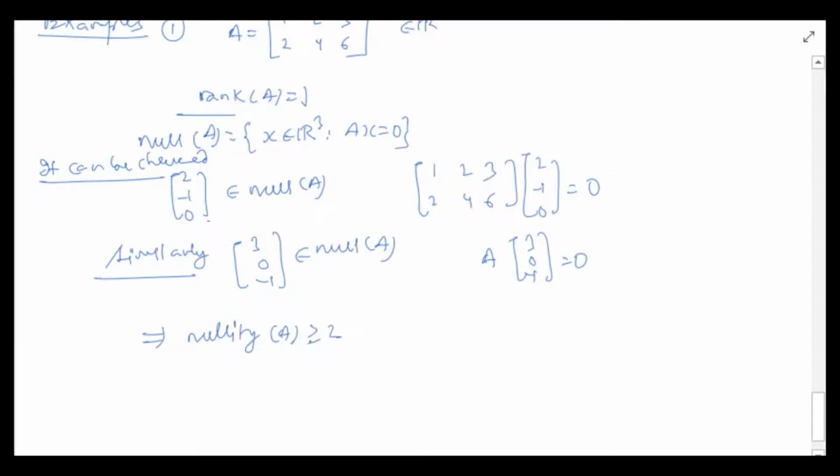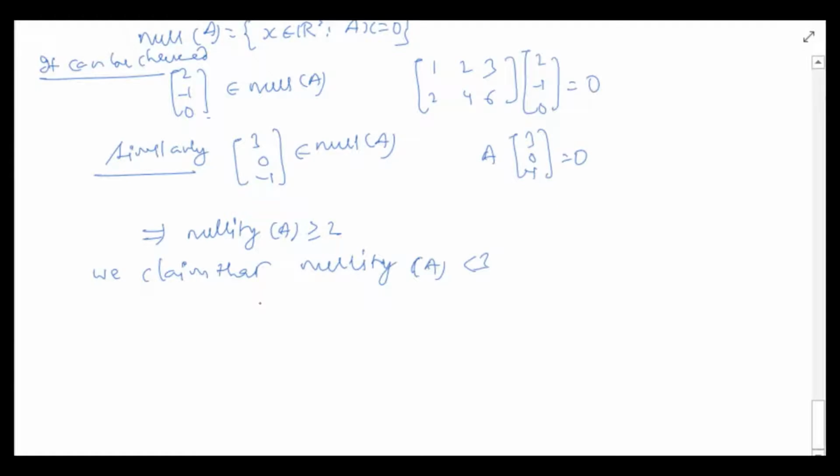However, we will see that the nullity of A cannot be 3. For the nullity of A to be 3, all the vectors in R^3 would have to be in the null space of A. We claim that the nullity of A cannot be 3. Why is this true?